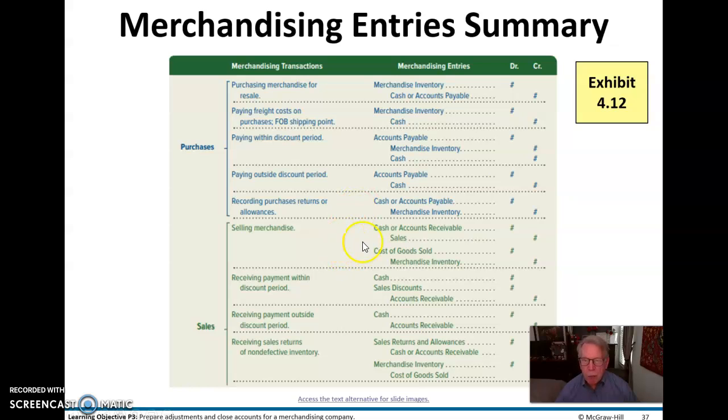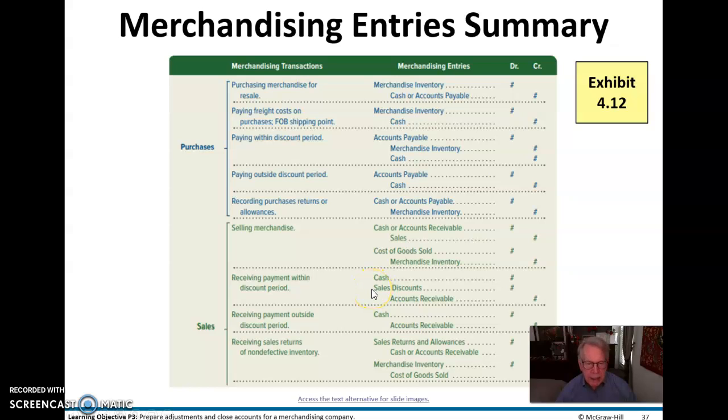Same thing with sales. We're selling merchandise. Our standard entry is going to be a debit to accounts receivable and a credit to sales, a debit to cost of goods sold, and a credit to merchandise inventory. And then if we take the discounts, we're going to show that as a seller.